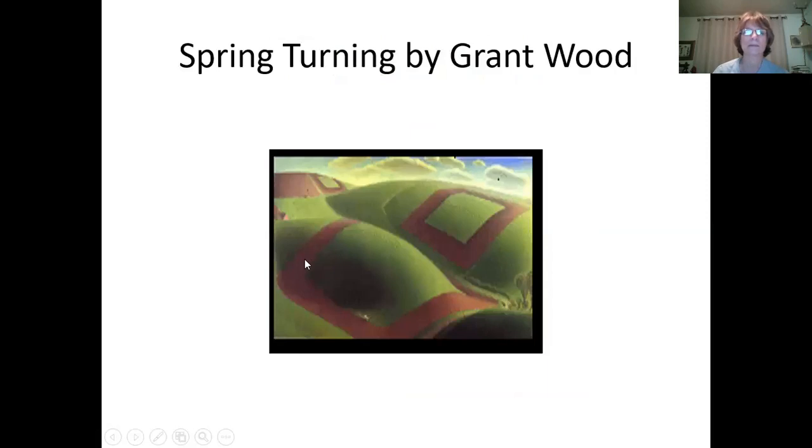Okay, in this painting by Grant Wood, you probably first look at this big hump here and go, what the heck is that? It's just that they've been plowing the fields, and they plow the fields until they get to the middle. But the fact that these shapes repeat slowly brings your eyes eventually to this one.